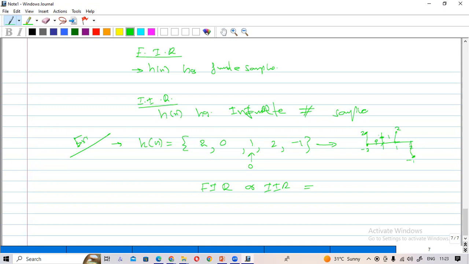So this is the impulse response h[n] with respect to n. You can see that 5 samples are there. That means finite samples, only 5 samples. So this h[n] is a finite impulse response, an FIR.